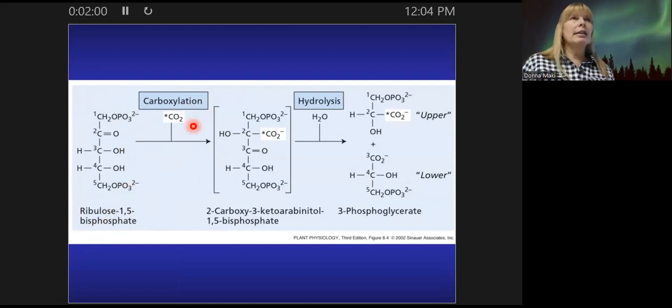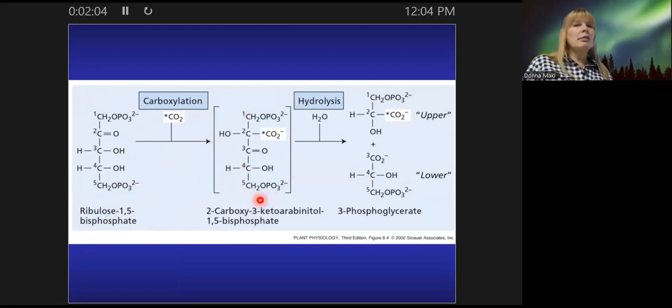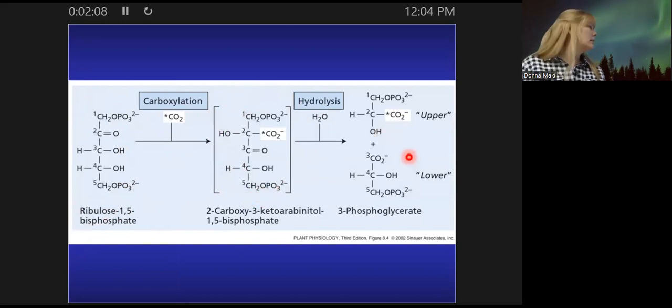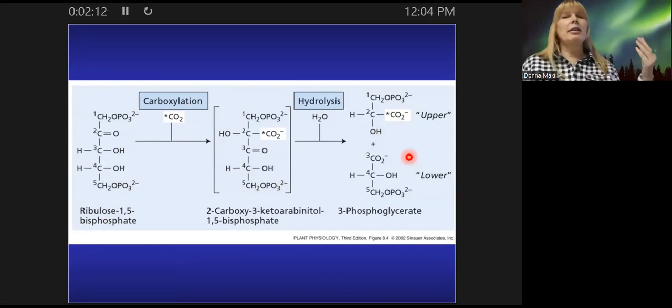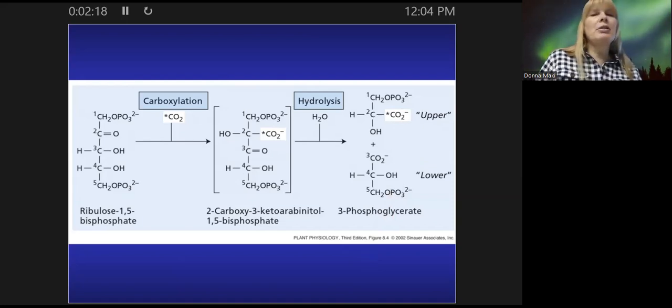That's called a carboxylation reaction. And you get this temporary unstable 6-carbon, and then it breaks into 2 identical phosphoglycerate molecules. The 3 just means that it's the 3rd carbon that has the phosphate. So that's what's going on during the carboxylation step, and you see there's no ATP or any NADPH.